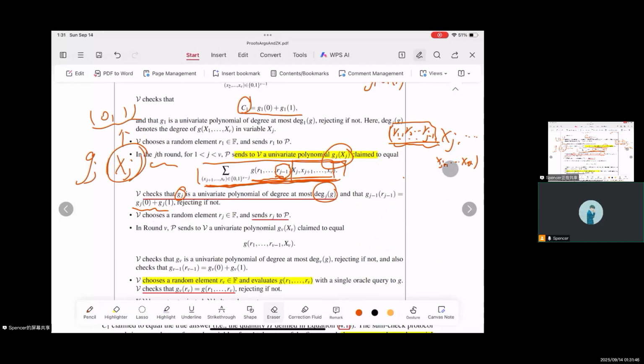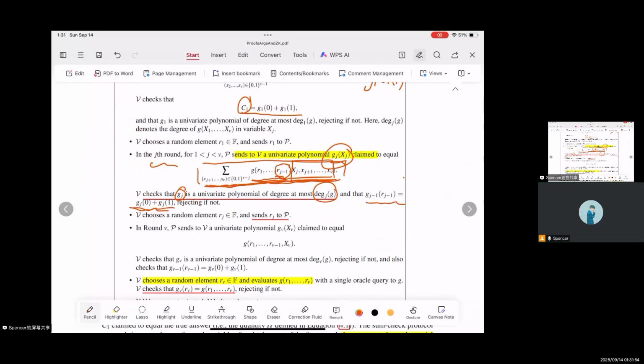So I think this is the logic of this formula. And the verifier will reject if this doesn't hold. And then the verifier chooses the random element rj for fixing the value of xj, because it verifies this univariate polynomial holds. So xj can be fixed by this rj, randomly chosen by the verifier.